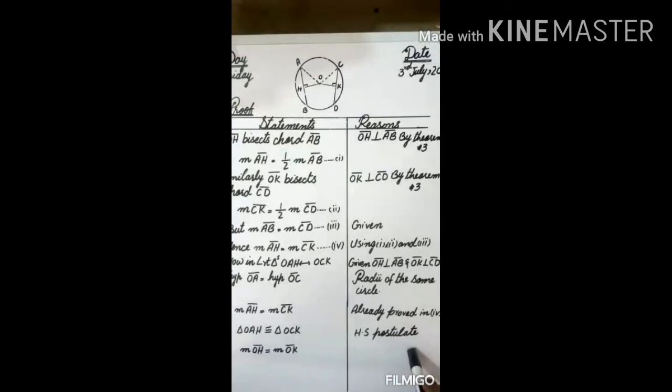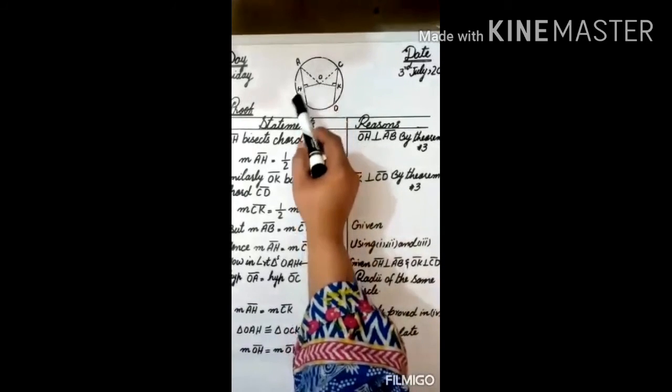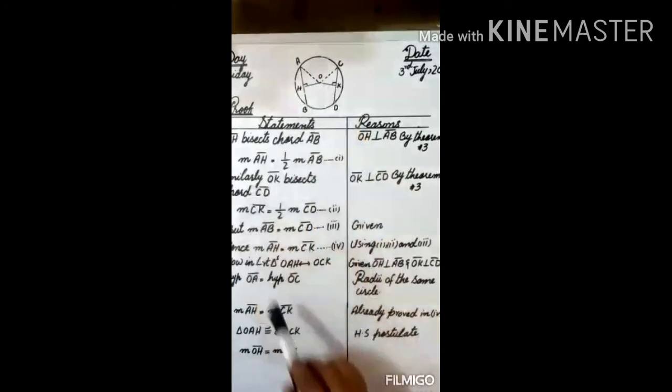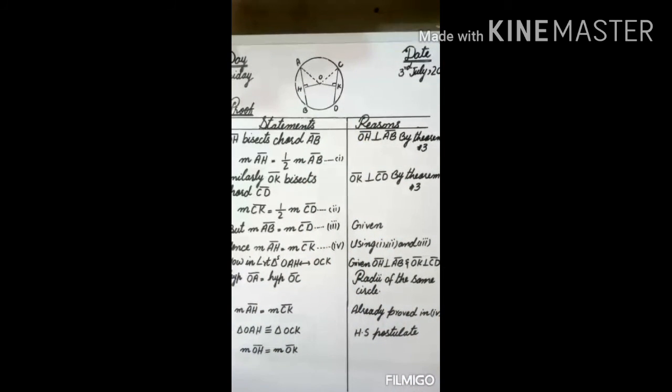When the congruency is proved, all the sides and angles present in these two right angle triangles are congruent. So we can say that measurement OH is equal to measurement OK. This is the proof of the theorem.